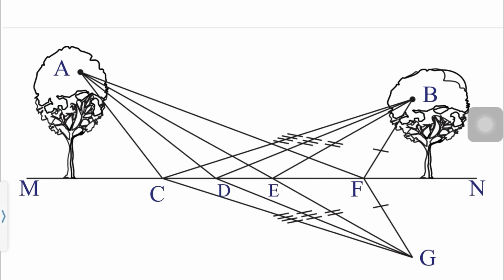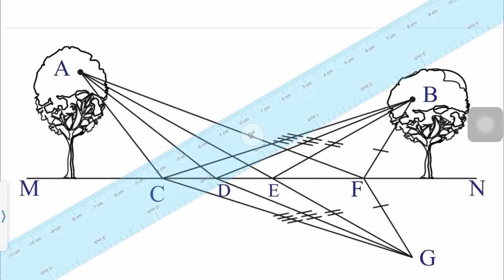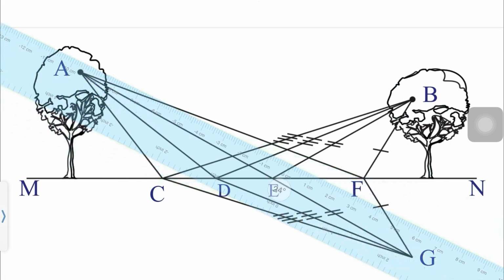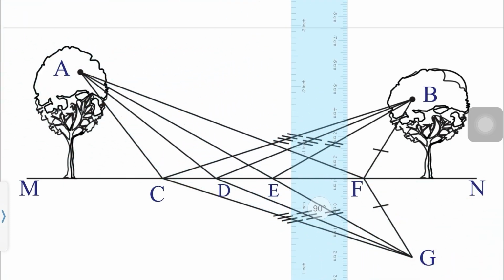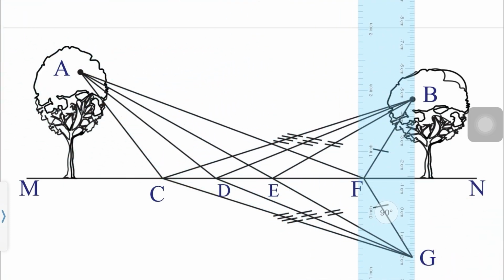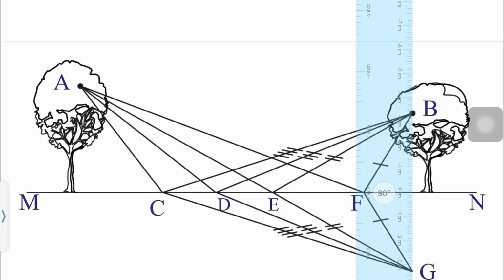So here we have the points A, B and G. Let us measure the distance of B and G from the line MN. If you look clearly, the distance of B from MN is around 3.3 and the distance of G from MN is also around 3.3.